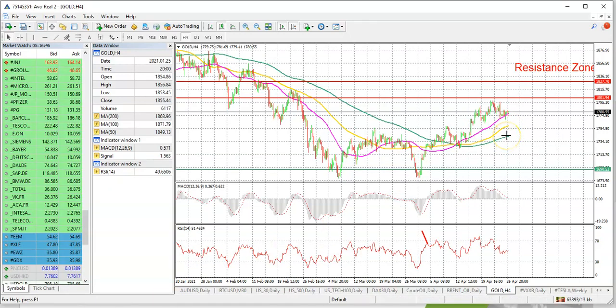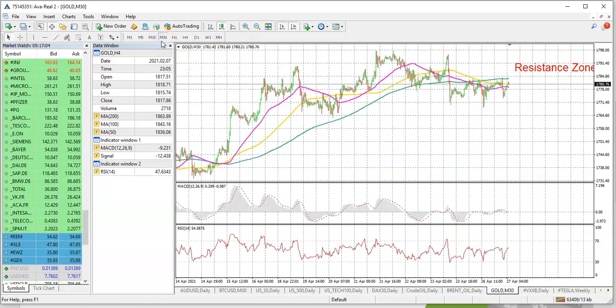However, if the price doesn't do that, then we are very much likely to continue the journey towards the next resistance level.